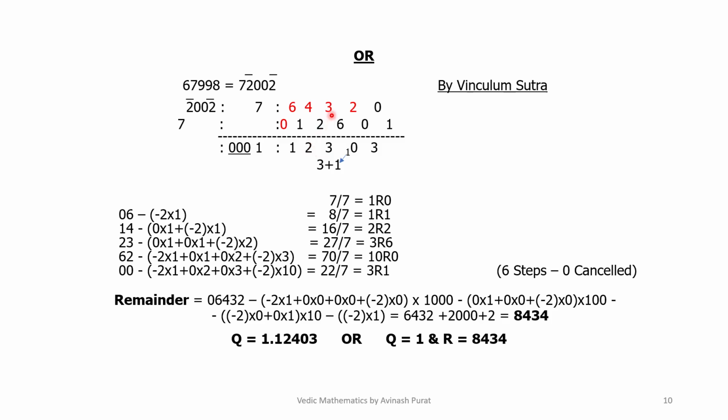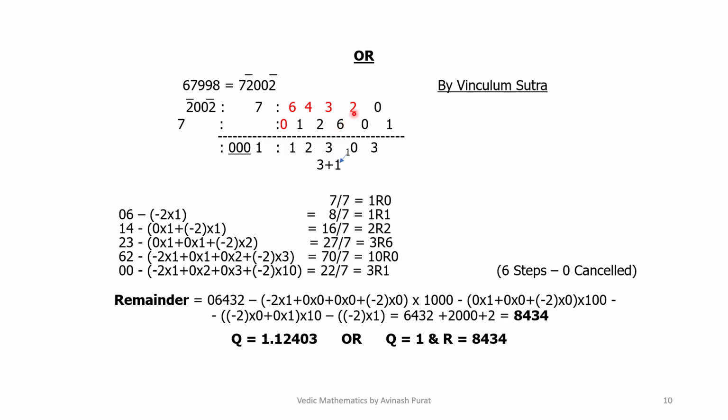So 23 is next dividend minus 0 into 1 plus 0 into 1 minus 2 into 2. So 23 plus 4, 27 divided by 7 equal to 3 is quotient and 6 is remainder.